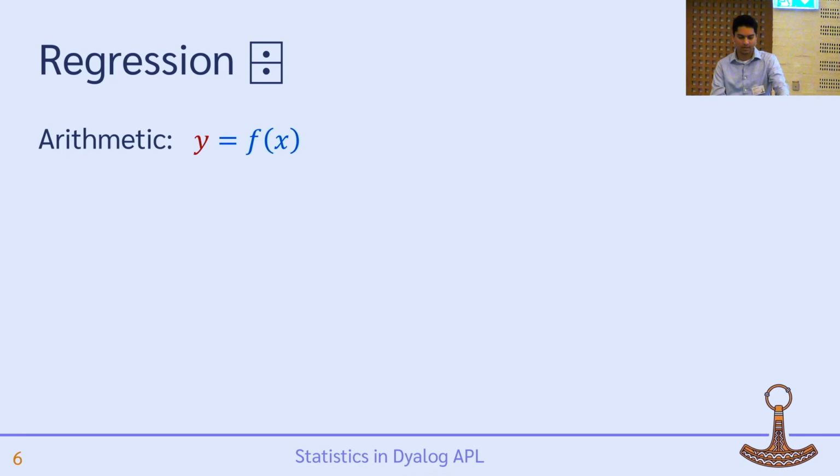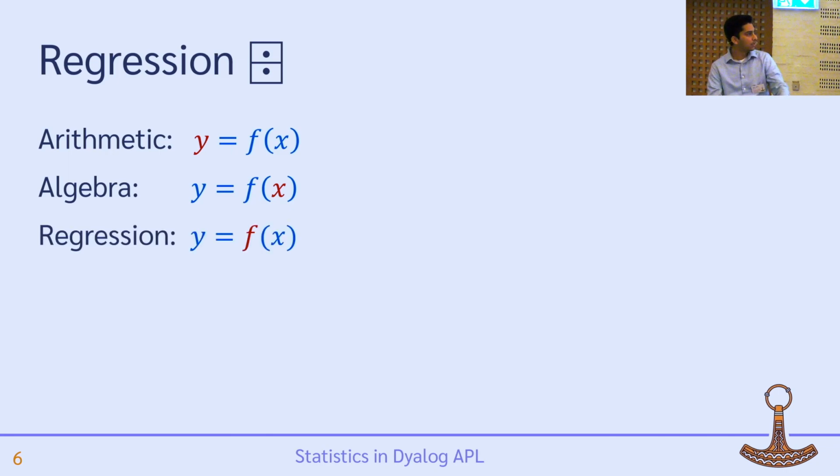That's the first thing you learn. Then you get into algebra, you have y and you have the function, and then you try to solve for x. But with regression, you have y and x values and you're trying to find the function to describe it. This is an interesting way of explaining it that Dr. Stephen Mansour uses, and I thought that was a really nice way of explaining regression.